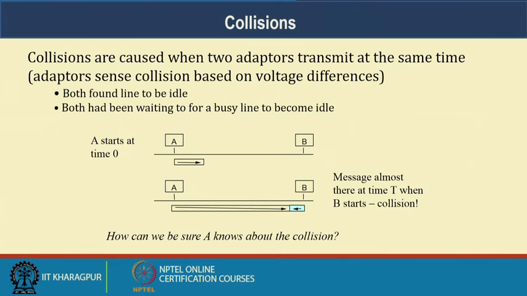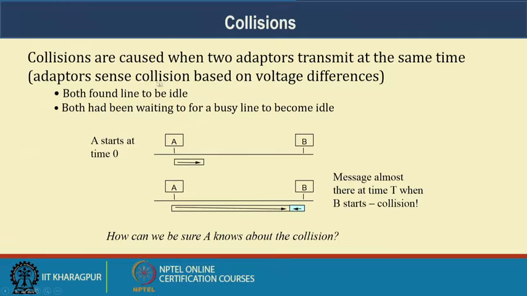Later on we will look at the other mechanism for wireless media, where instead of collision detection we have a collision avoidance scheme, because detecting a collision in wireless media is much more difficult, and we will come to that sometime later in this course. So, collisions are caused when two adapters transmit at the same time.